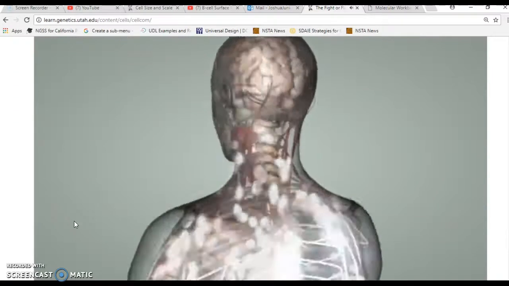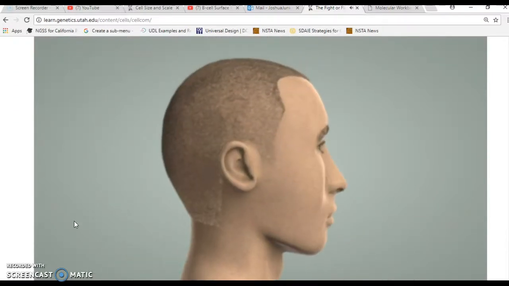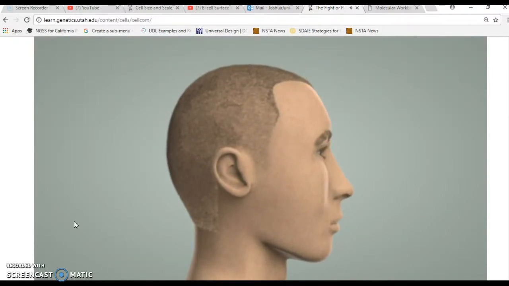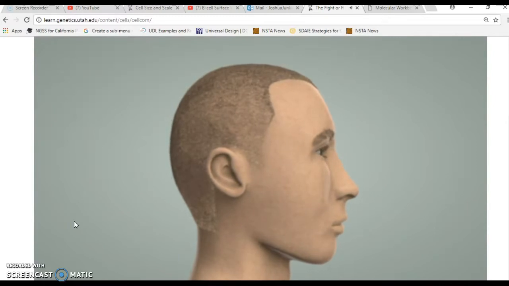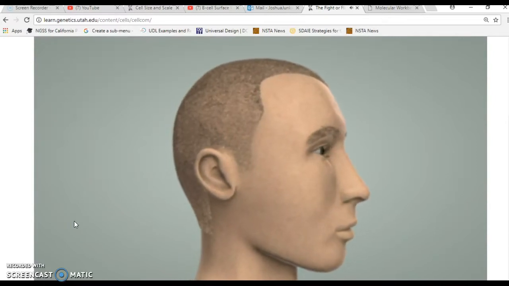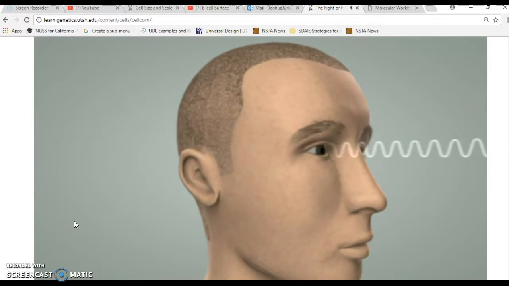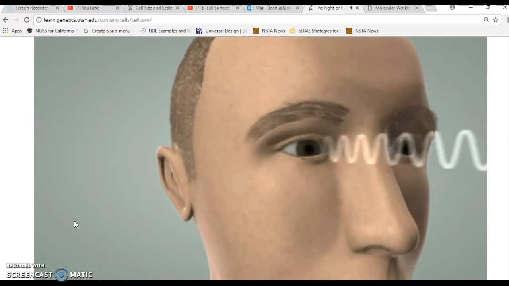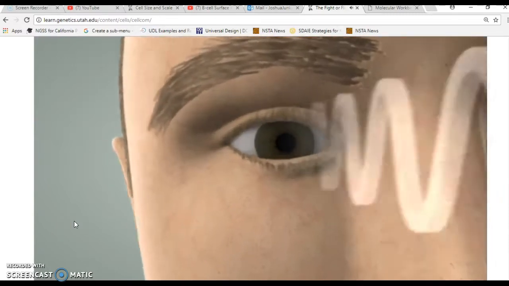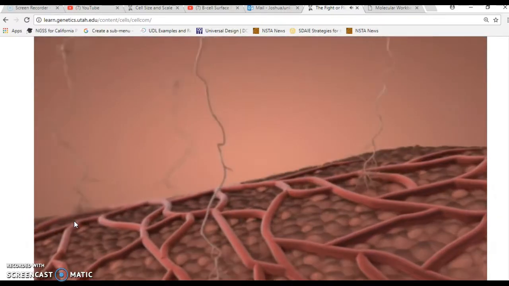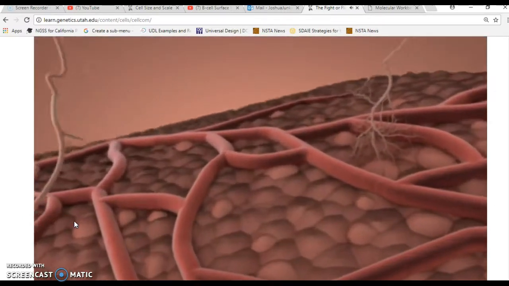Now, this is called fight or flight, and that means this person is going to respond to something they see. Here comes something they see. What they see is supposed to startle them, and certain parts of their brain are going to release certain chemicals or molecules that respond to different parts.